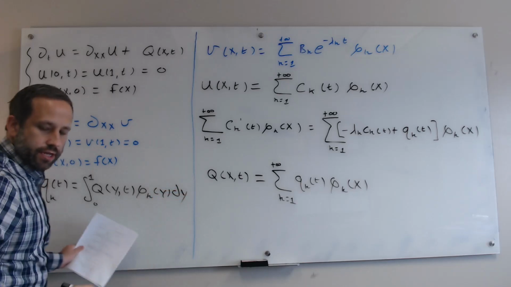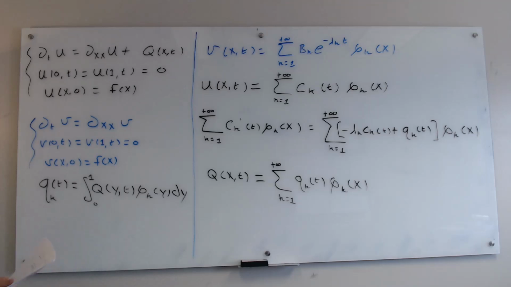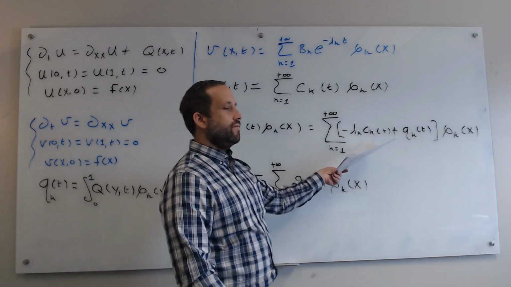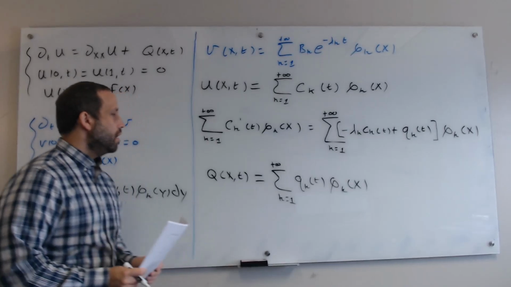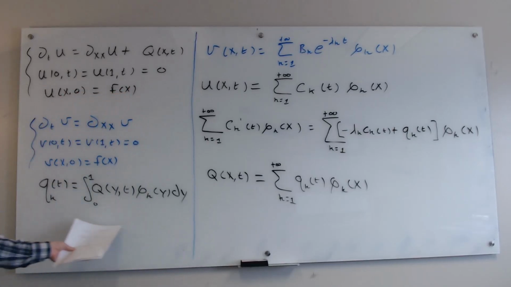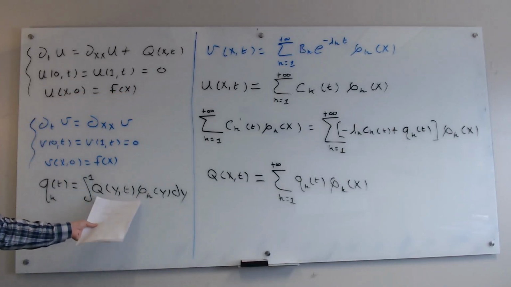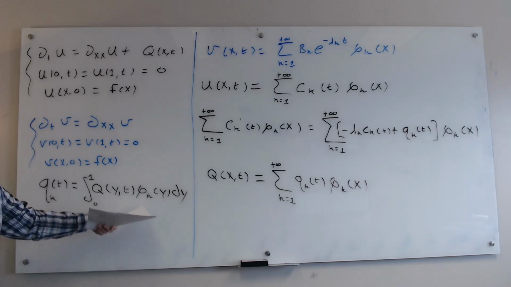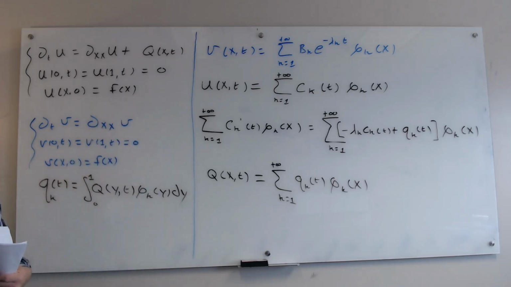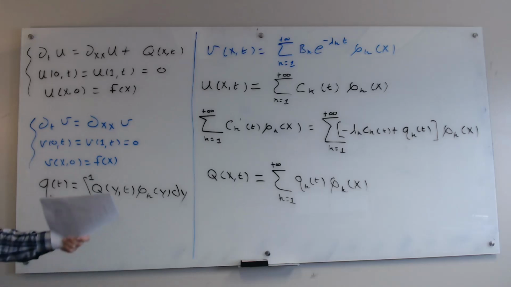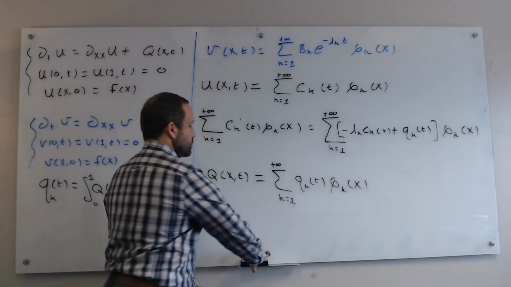In other words, q_k is not what we're solving for. We don't know what the c_k of t are. That's what we're solving for here. But we know what q_k of t is. It's given by this formula here. Big Q is given, phi_k is given now that we've solved the homogeneous problem in principle, and so we know what little q_k of t is.